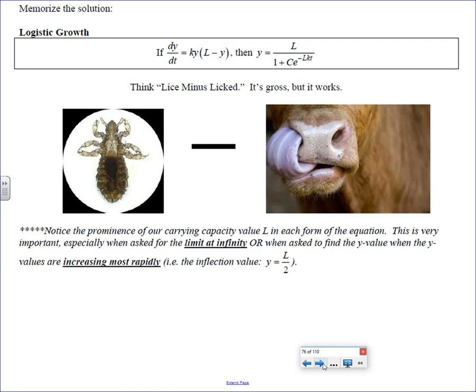It's a way to remember. It's kind of gross, but the mental picture will stick. Lice minus licked.